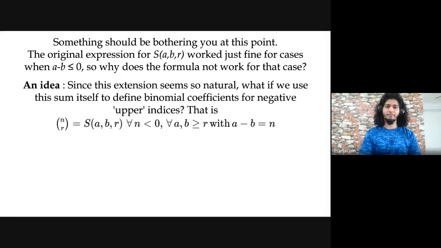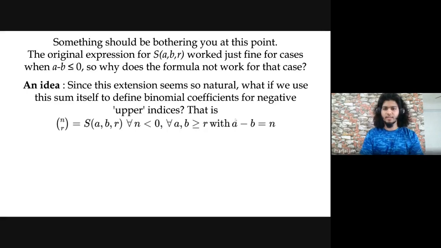So for negative upper indices, so N is lesser than 0, N is negative, in that case we can just say that N choose R is defined to be S of ABR, where A minus B is N. So if N is minus 5, for example, then you can have S of ABR where A minus B is minus 5. And in that case, S of ABR will be perfectly defined as long as we maintain this inequality, because if this is not satisfied, then we have problems in the sum itself. So we don't want problems in the sum.